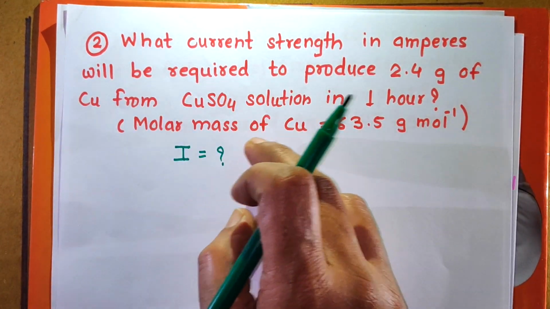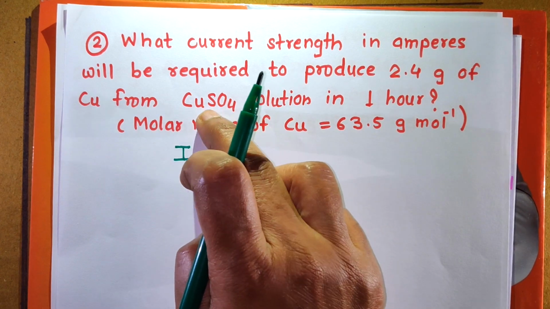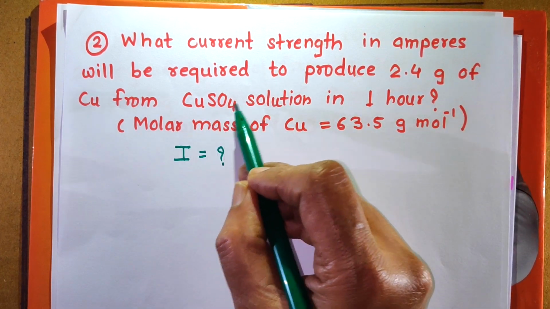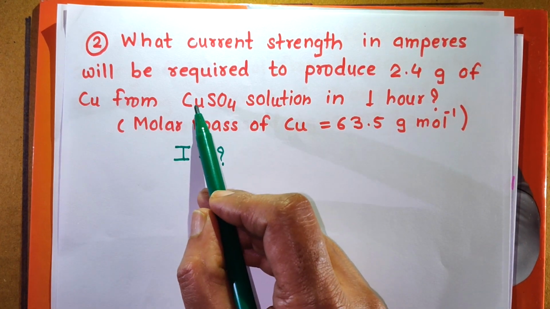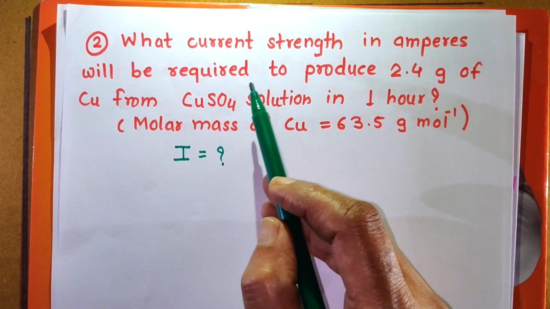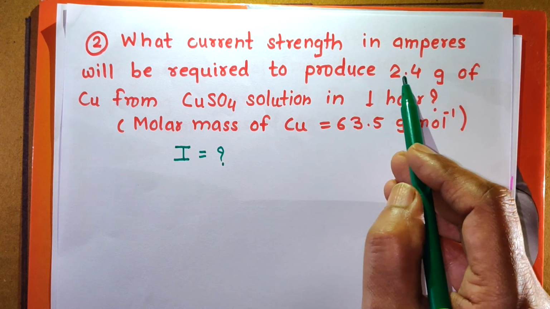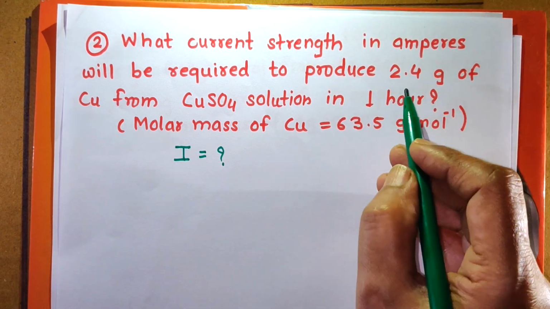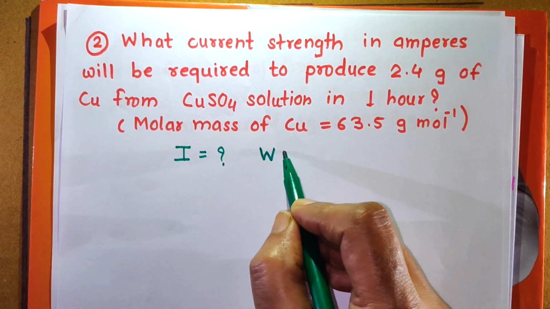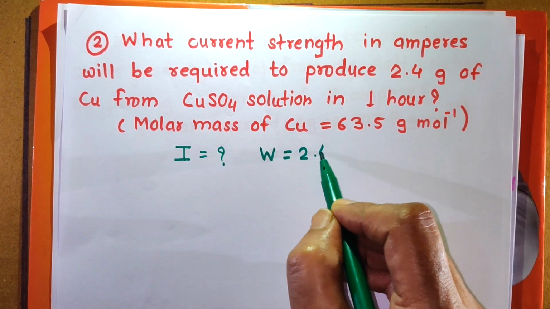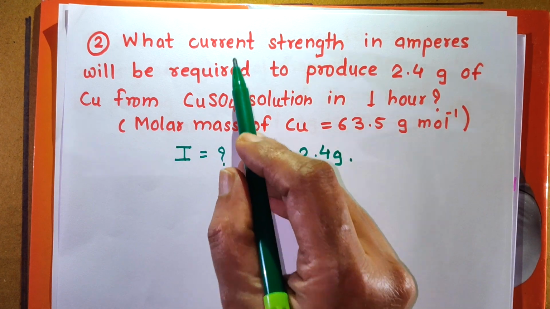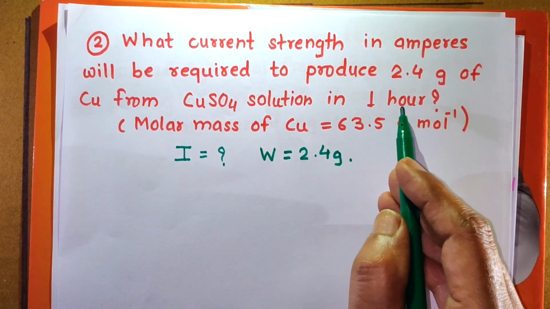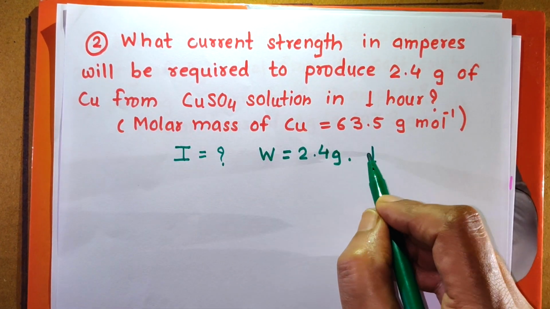If you study this problem, here we can say that electrolysis of CuSO4 is carried out, and at cathode you can obtain copper metal, and mass of copper metal which is obtained at cathode is given, which is equal to 2.4 grams. So W is given, which is 2.4 gram, and this current is passed for 1 hour, that is time is also given.